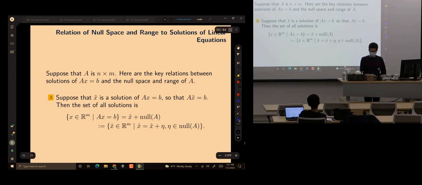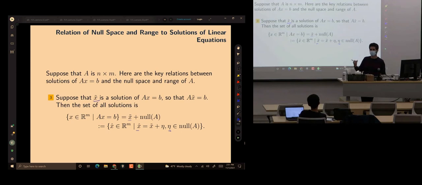In other words, if you have a solution x, and a vector in the null space of A, then the set of solutions is x plus null space of A. Every vector in the null space can be added to that solution, and you get a valid solution. That's how we end up in general with an infinite number of solutions, right? Again, there are 3 cases.